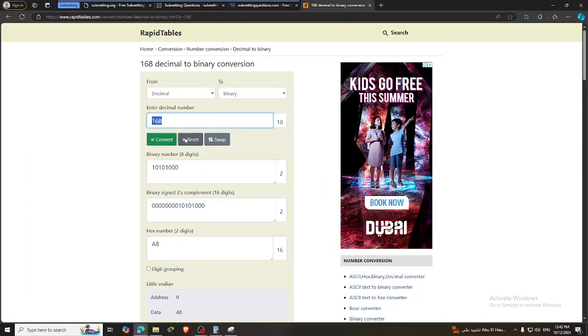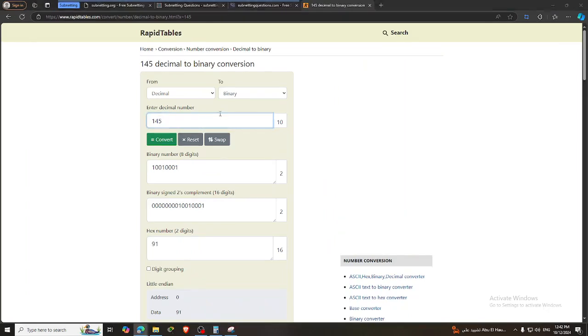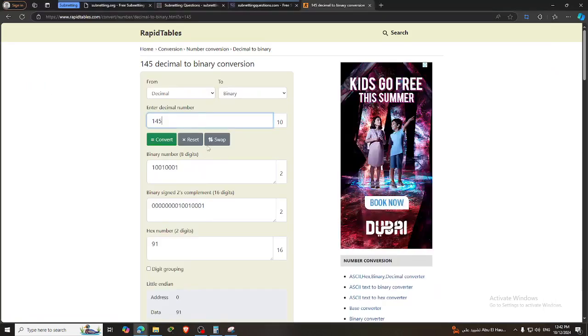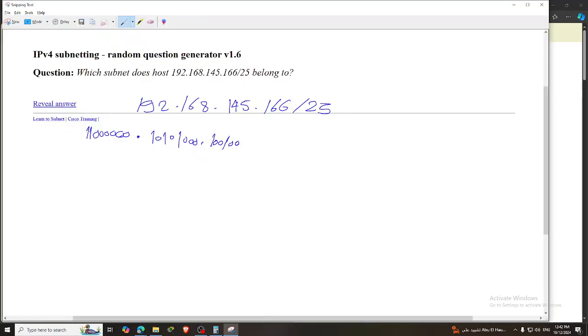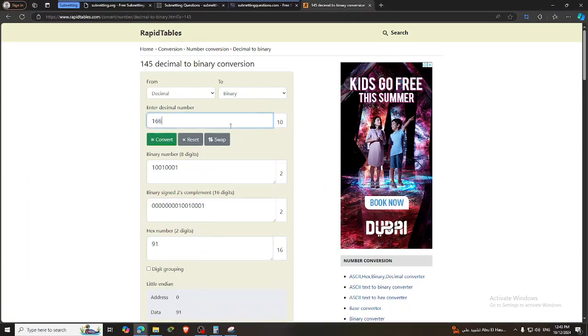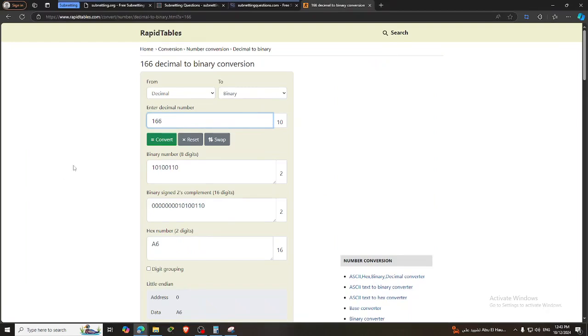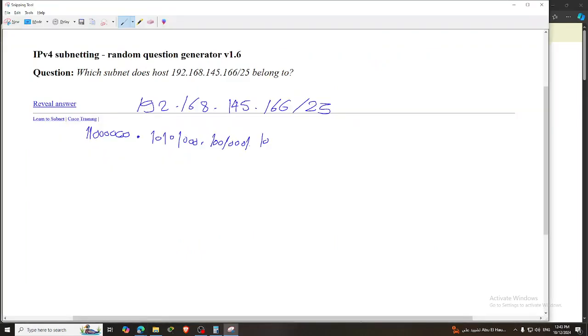And 145 is 10010001. And finally 166 is 10100110. Alright, so here we only borrowed this one bit.